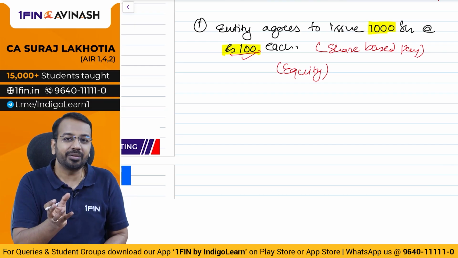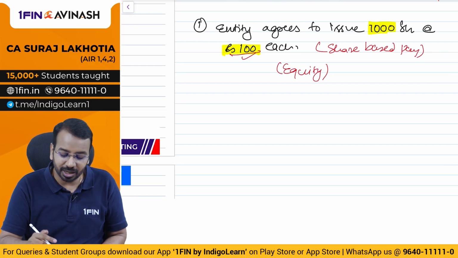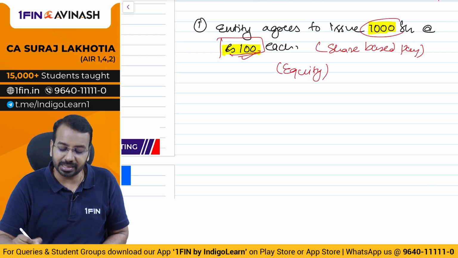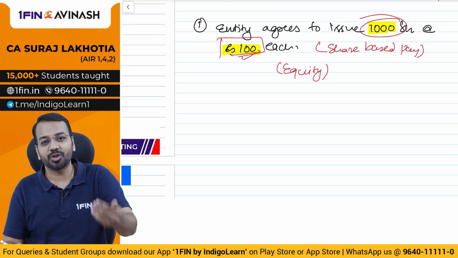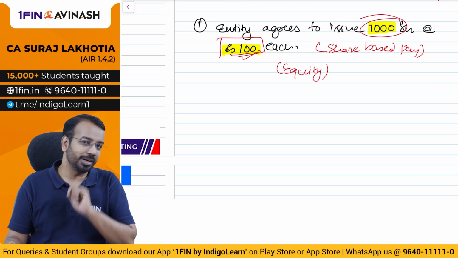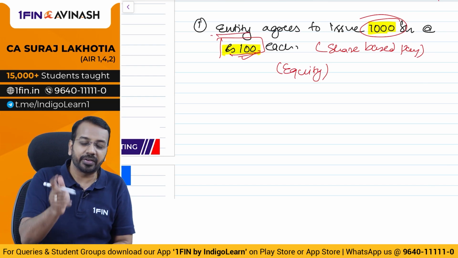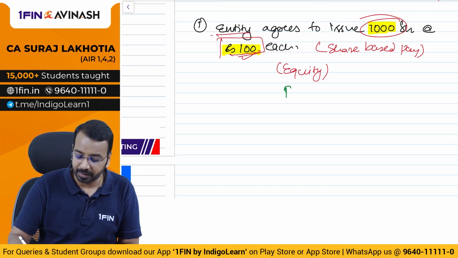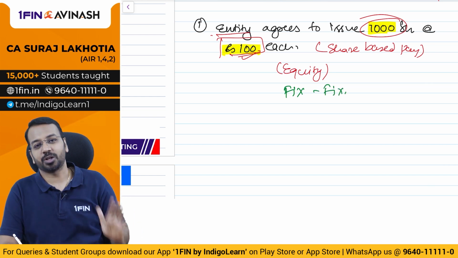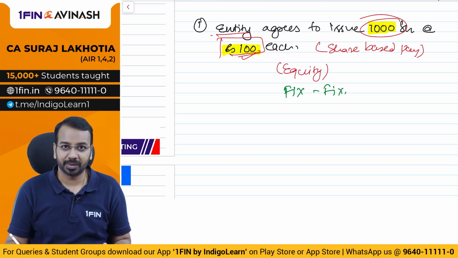Ultimately, who is the equity? Equity bears the risk. Now here, when the price is decided, number is decided, subsequent fluctuation in share prices, who will bear the risk? The owner will bear the risk. Hence, such transactions, when there is a fixed to fixed exchange, number is also fixed, consideration is also fixed, then it becomes an equity.